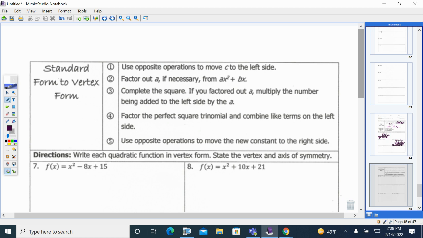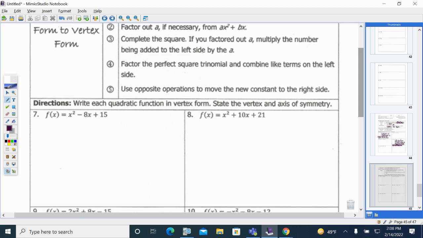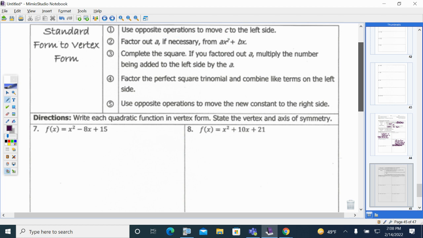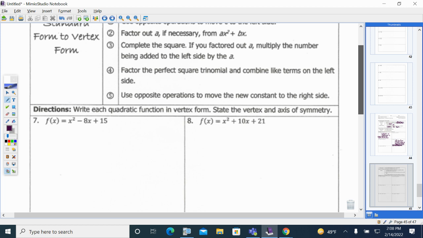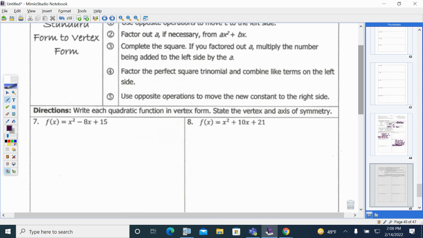So let's look at example number 7. f of x equals x squared minus 8x plus 15. Step number 1 says to use opposite operations to move the c to the left side. So the positive 15 is going to go over with the f of x.